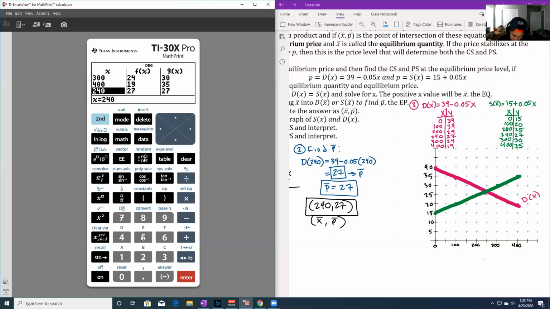So right where they intersect is our equilibrium point.